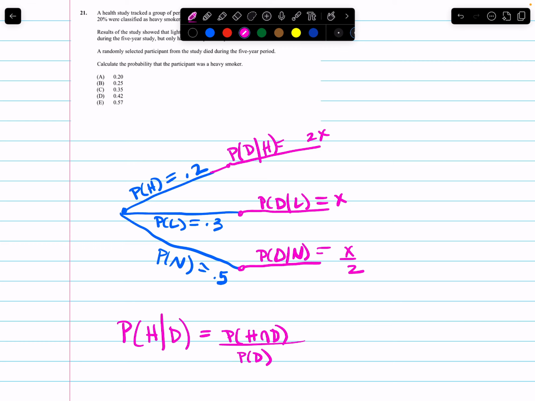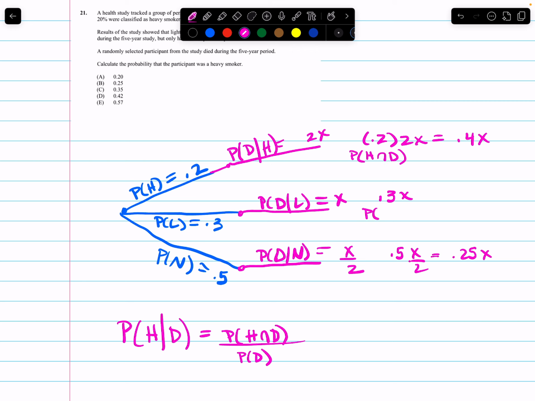And remember, if we multiply along each one of these branches, so here 0.2 times 2x, which is 0.4x. Here we have 0.3 times x, and here we have 0.5 times x over 2, or 0.25x. This tells us H and dying, so the probability of heavy smoker and dying.